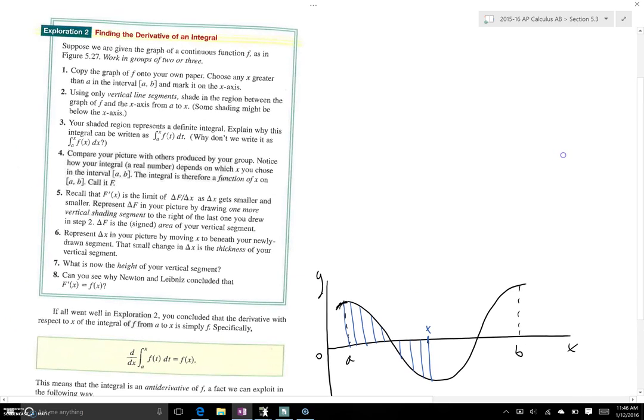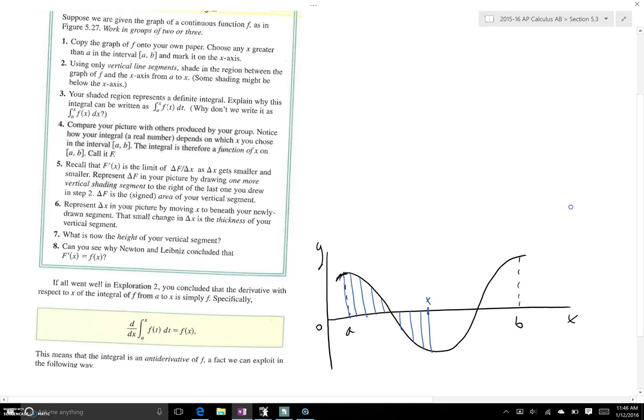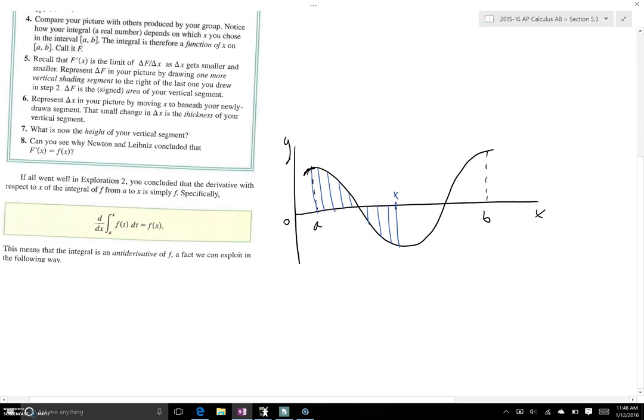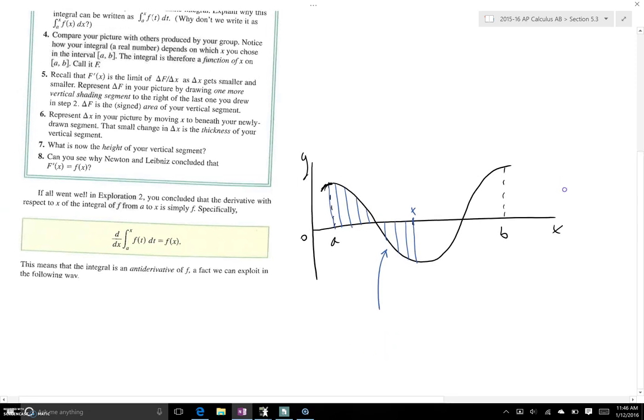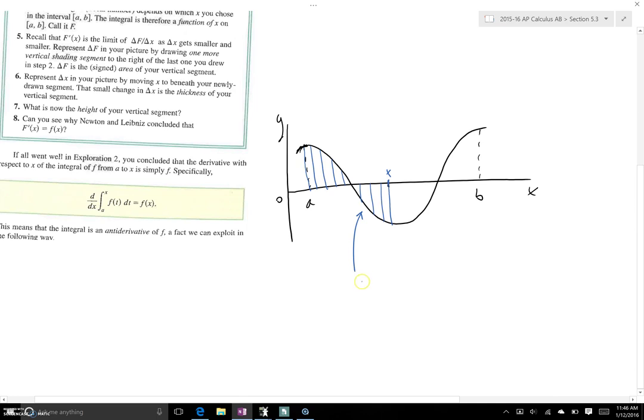So 3 says, your shaded region represents a definite integral. Explain why this integral can be written as the integral from a to x of f of t dt, and why don't we write it in terms of x? Remember that definite integrals represent the area between the curve and the x-axis, and in this case we're going from a to x of some function.